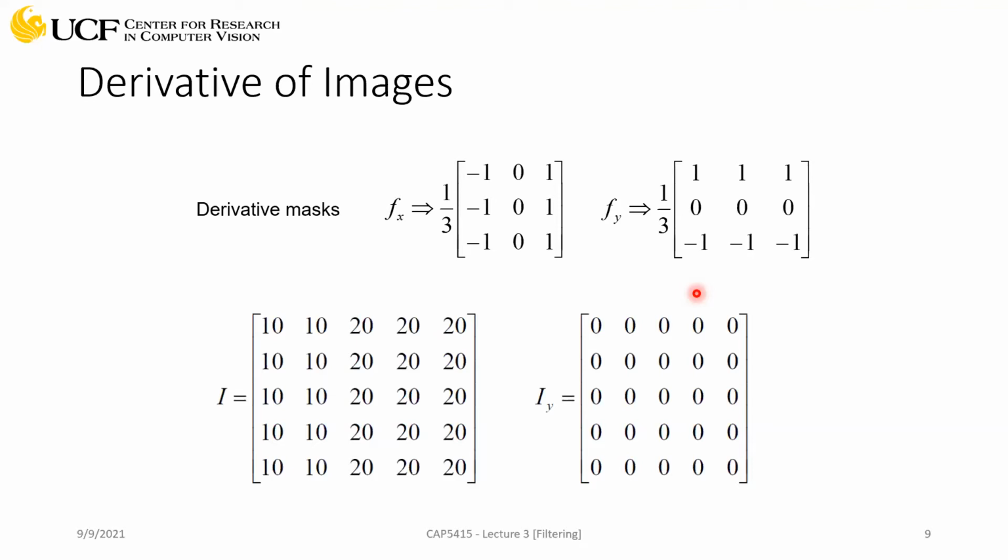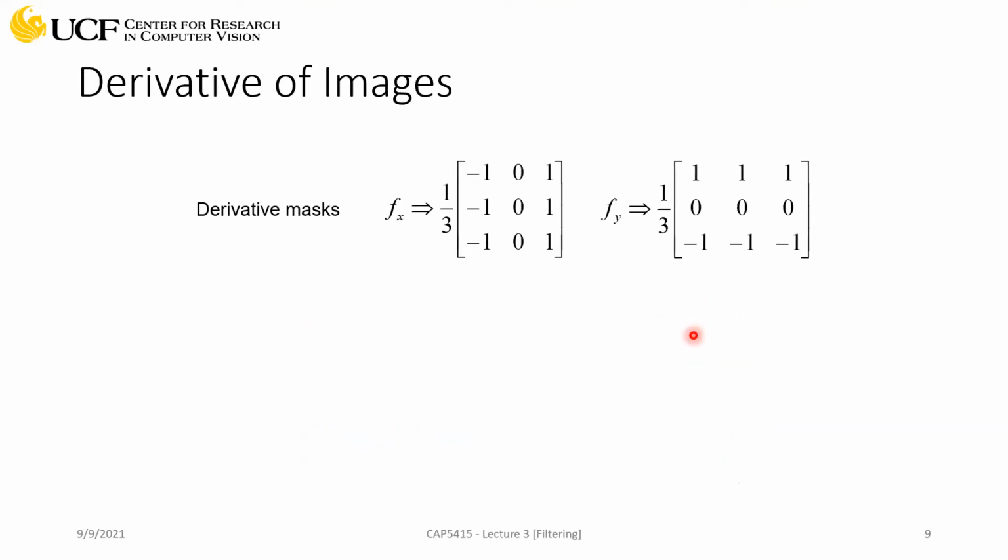So I think there's a question from Russia. You said the value changes from left to right, but the resultant matrix also depends on the derivative taken. Right. So I think you're talking about this x derivative.